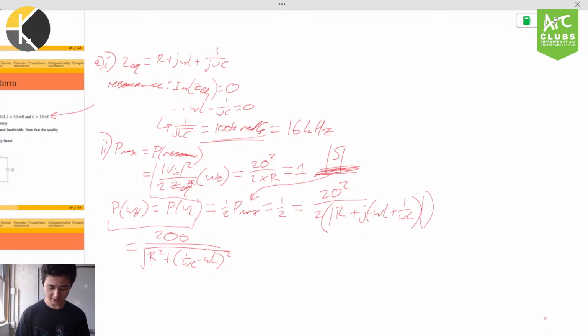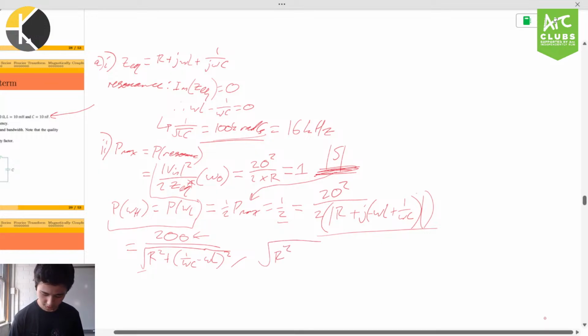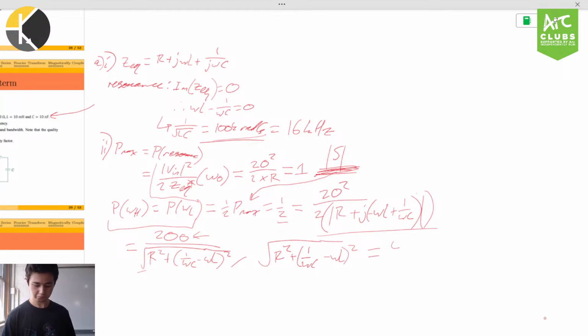So what we'll do is try and get rid of this square root sign. But first things first, let's push everything around, do a little juggling act. We're going to chuck the 1/2 onto the right-hand side and the denominator over here onto the left-hand side. So we end up with root of R squared plus (1 on omega C minus omega L) all squared equals 400.